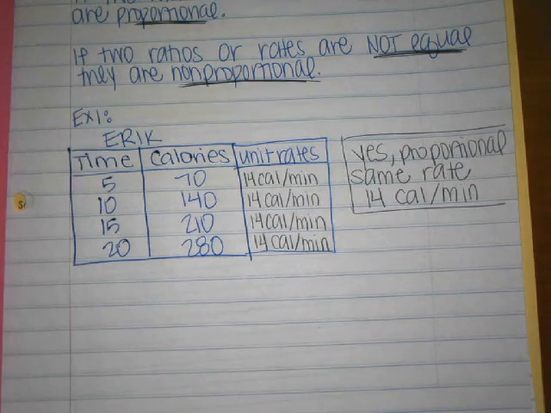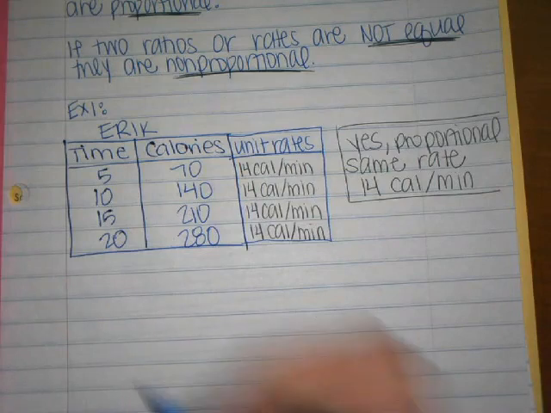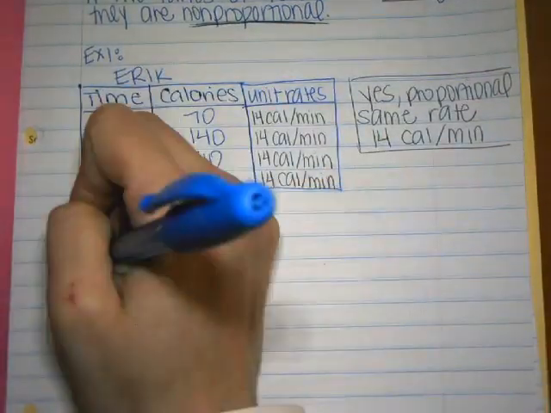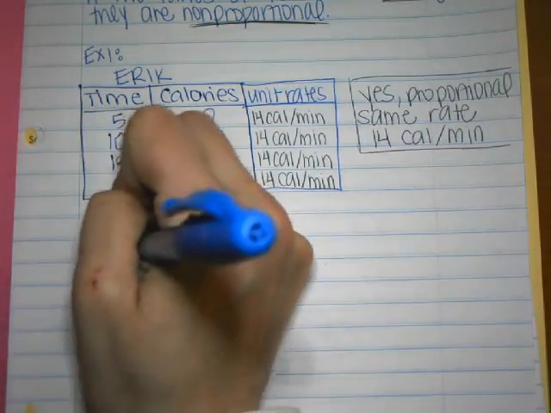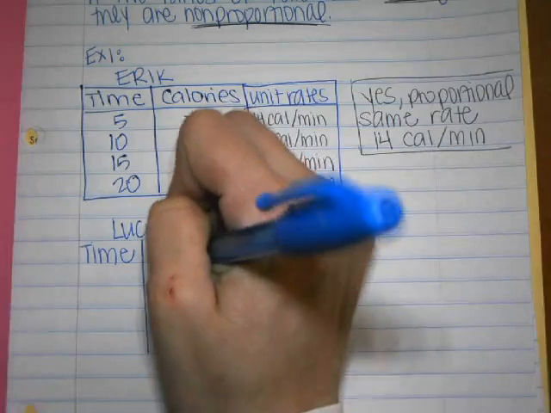Okay, well, Lucy decided she's also going to do the exact same thing that Eric did, and she wants to see, does she get a proportional relationship like Eric? So we're going to draw the same table. But this time we're going to talk about Lucy. And I've got my time, my calories.